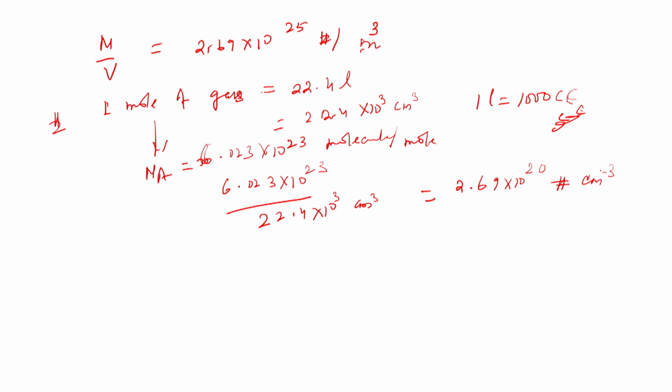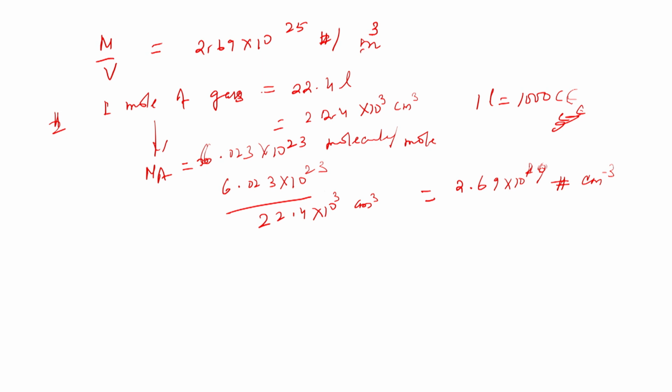This is important. Just small calculations again you have to do, because I calculated that we got the number 2.69. Oh, sorry, because you have to divide by 22, it will be 10 to the power 19 actually, because one decimal will go from 6 upon 22.